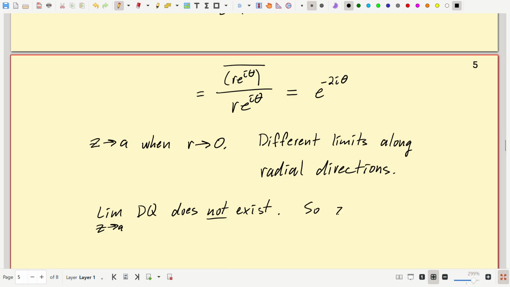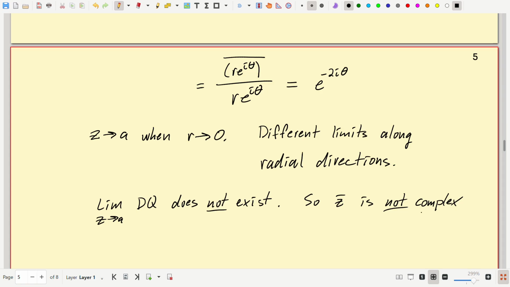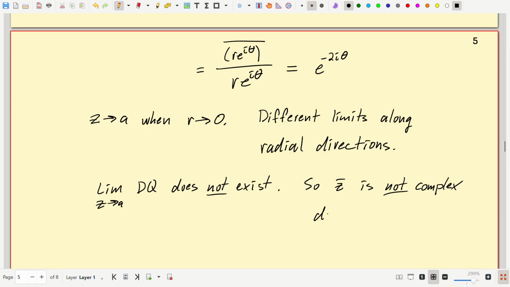So z bar is not complex differentiable at any point. Last time I showed you it wasn't complex differentiable at 0, and this time I showed you it doesn't happen at any point.